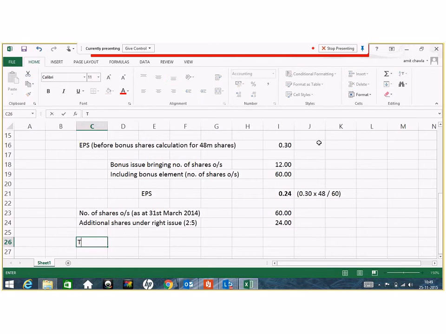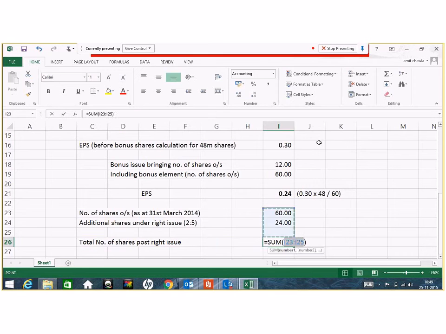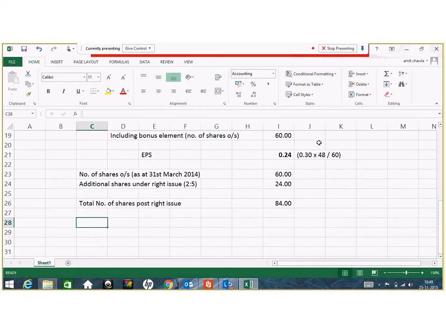That makes the total number of shares post rights issue as 84. Now, what we need to calculate, of course, is the TERP.